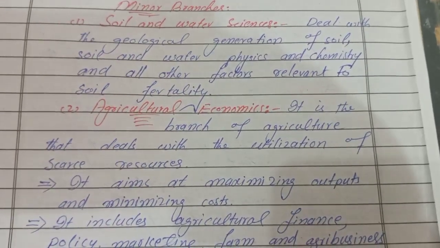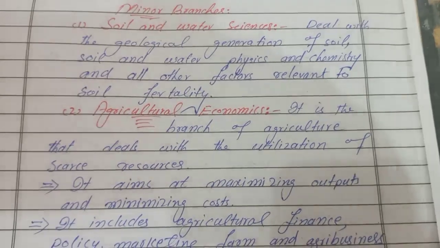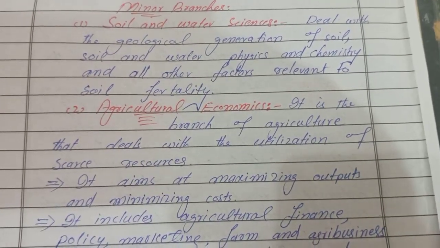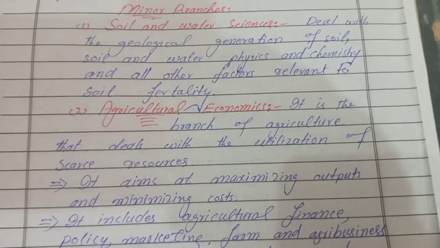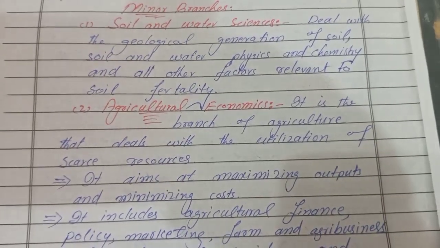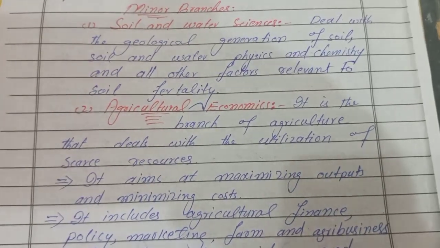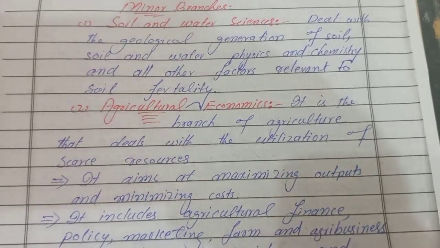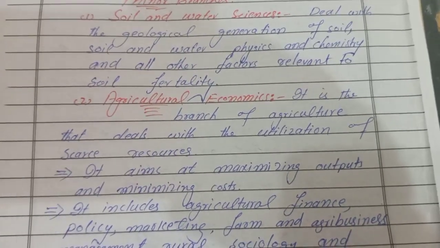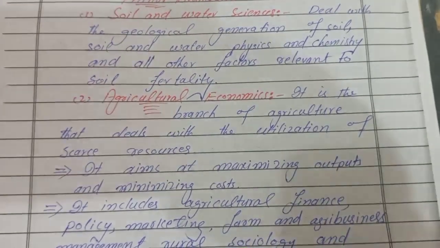Now we shall discuss the minor branches of agriculture, in which the first minor branch is soil and water sciences. This branch deals with the geological generation of soil, water physics and chemistry, and all other factors relevant to soil fertility. The second minor branch of agriculture is agricultural economics.